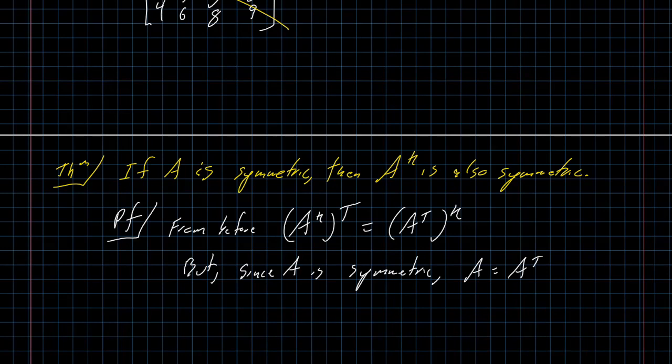And so I can replace the A transpose right here with just A. And so by definition here, we have that A to the k is also a symmetric matrix.